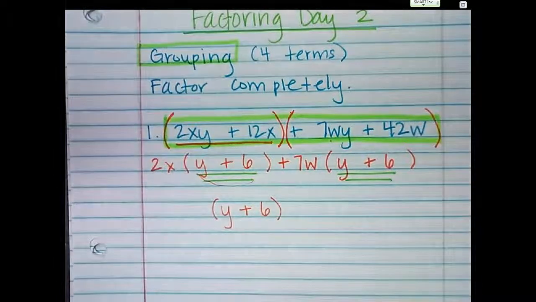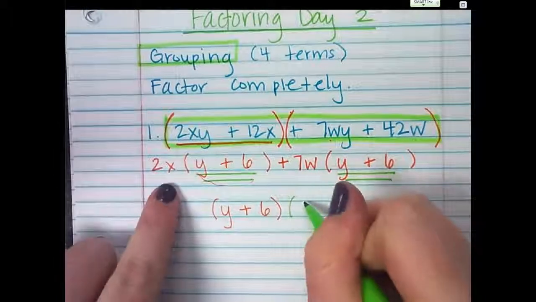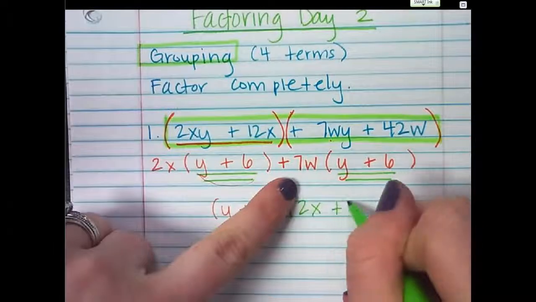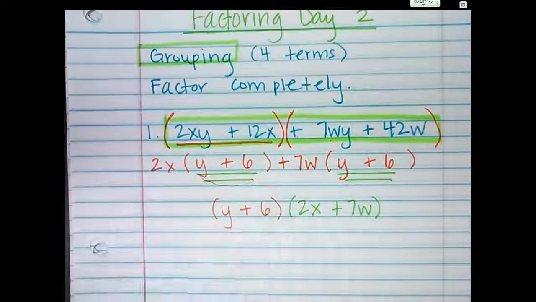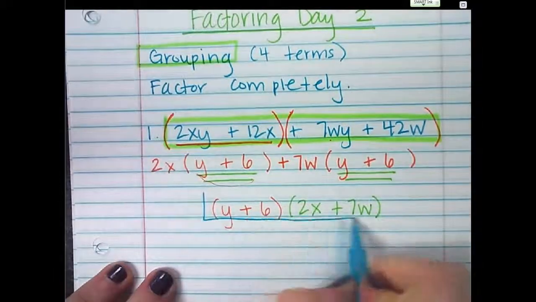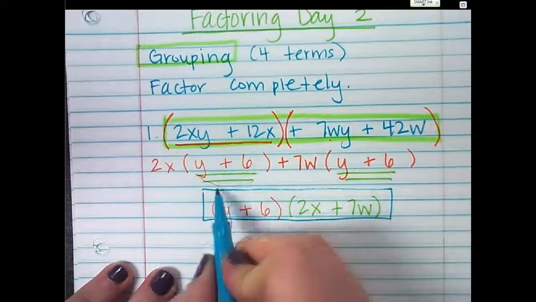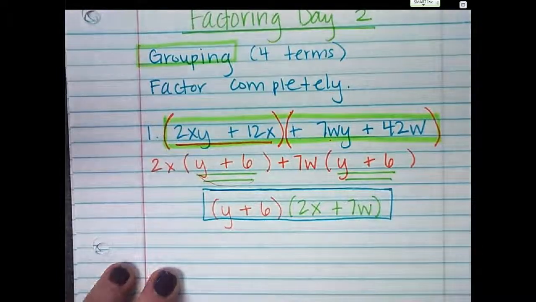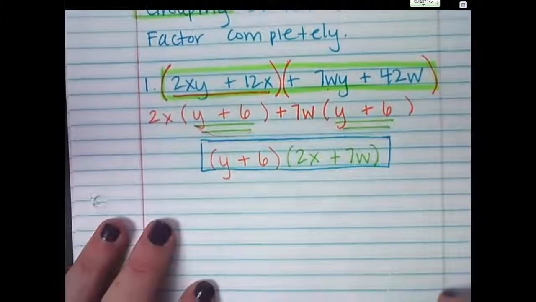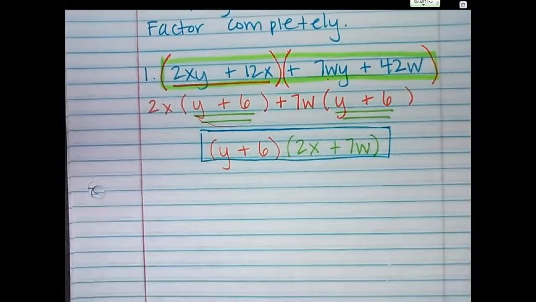What's left when I take that out? 2x plus 7w. And that's your answer. Do you remember this at all? I see a couple nods. That's good. It's not terrible. Factoring by grouping, I think, is the easiest.